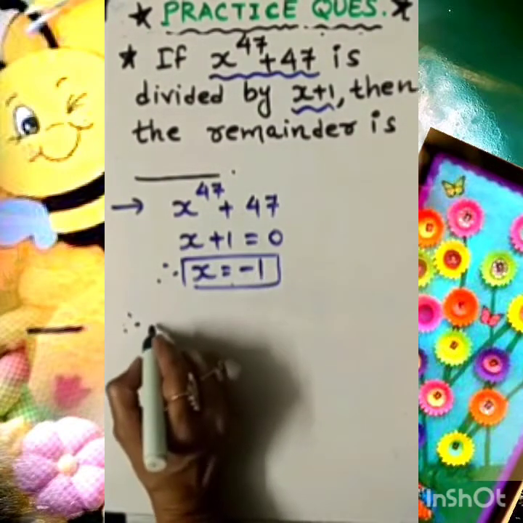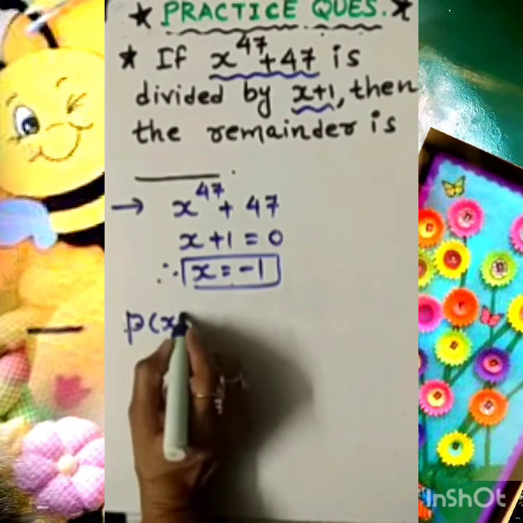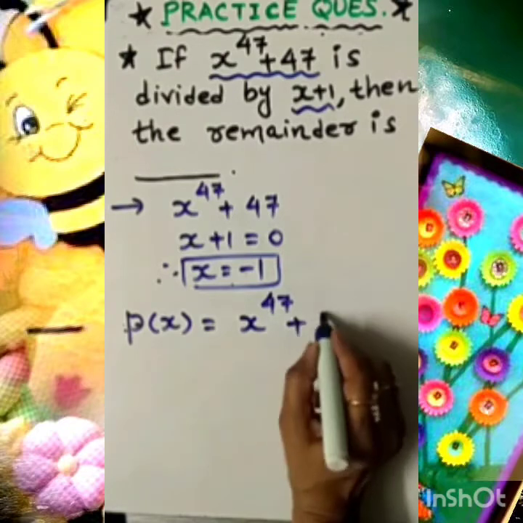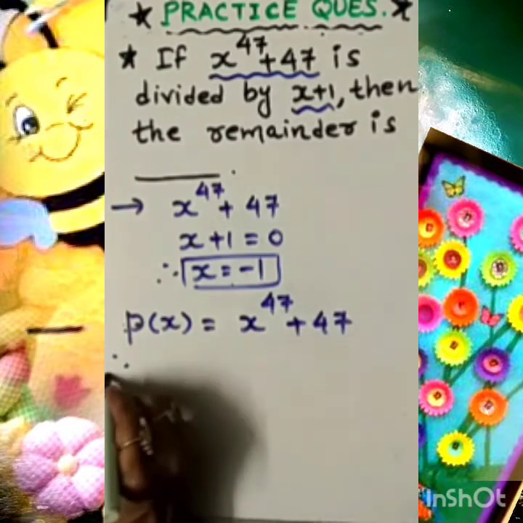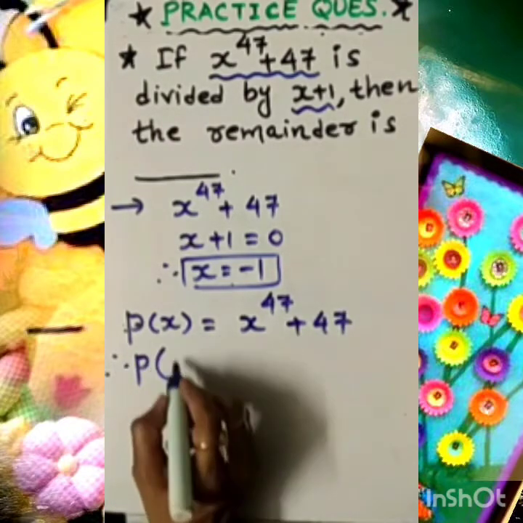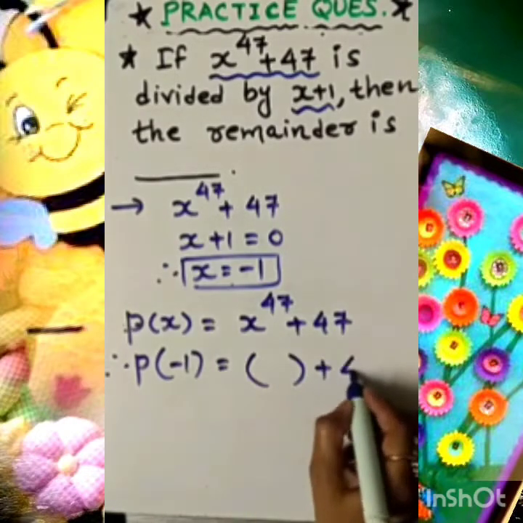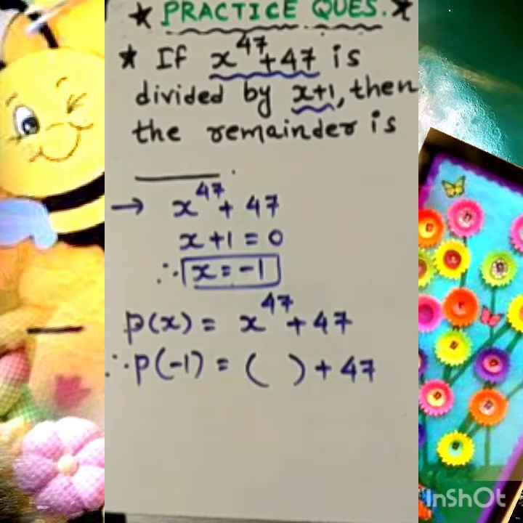So my dear student, let me call this polynomial p(x), x to the power 47 plus 47. The value of x we are taking is minus 1, so in place of x, we will write minus 1.